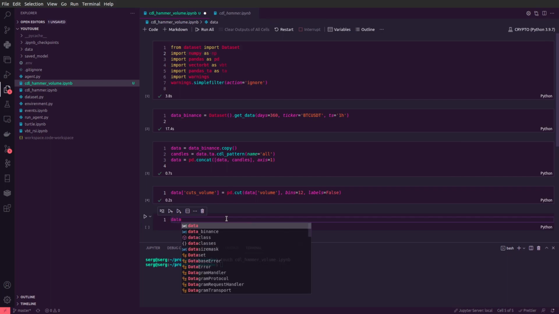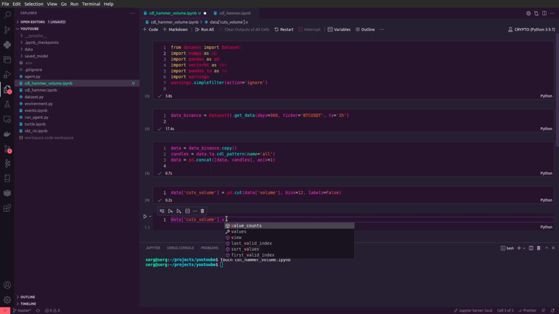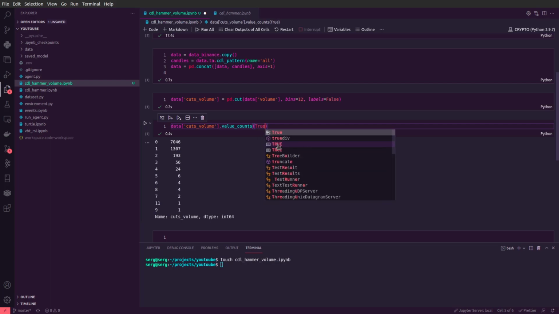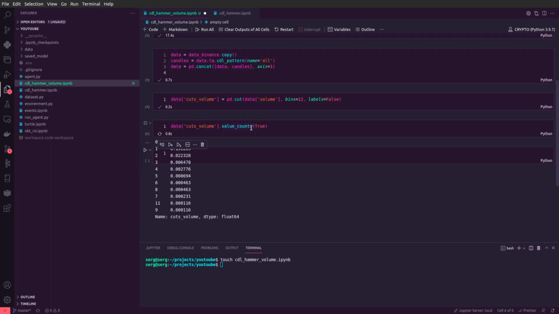Let's see what happens. You could call value counts to find what information we get. Also for percentage, you could input true, and you get data in percentage. Okay, so it's working.